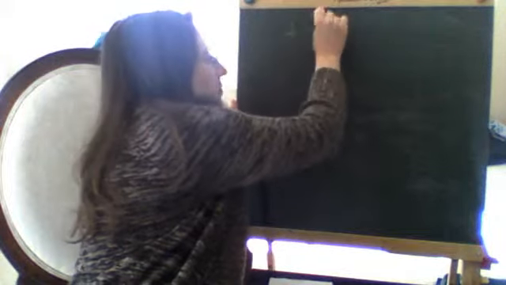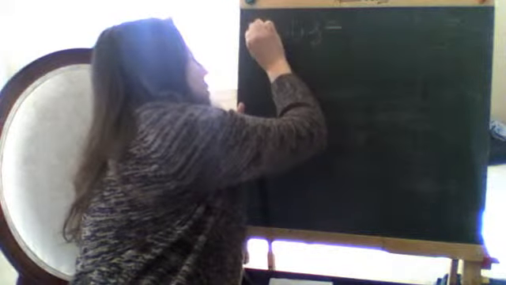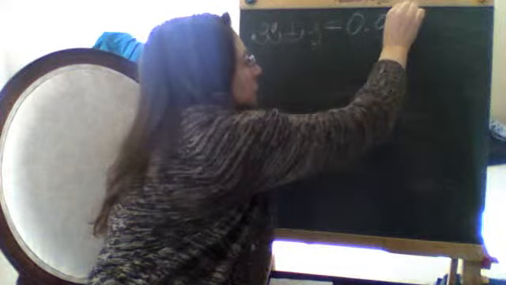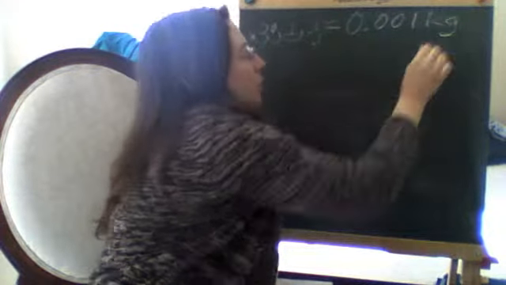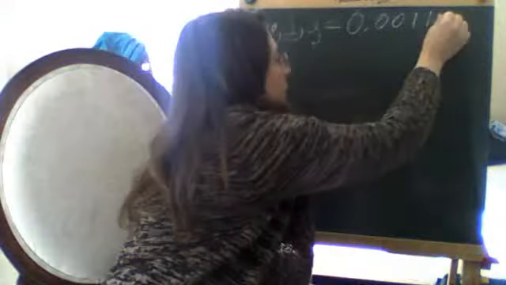So we could think, okay, 1 gram, you all know how to convert. So my decimal points here, 1, 2, 3. So it would be 0.001 kilograms, right? This isn't a 1, it's a K.